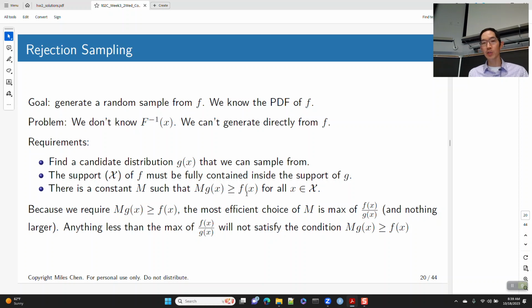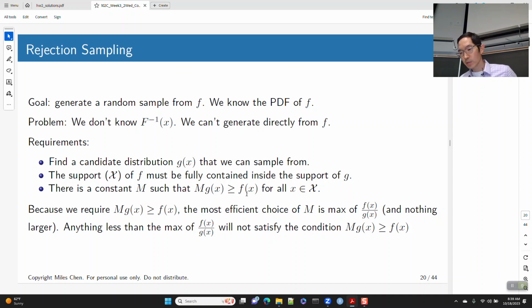The PDF of the distribution is f. That is required. You do need to know at least the functional form of the PDF in order to do rejection sampling. Maybe you don't know the CDF, but you need to at least know what the PDF is. And here, the problem is we don't know the inverse CDF of this thing.